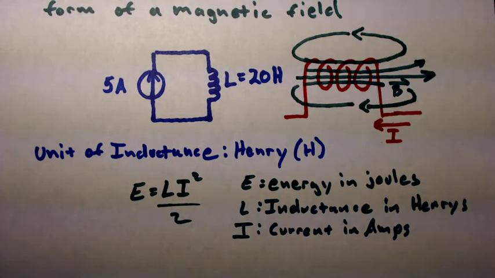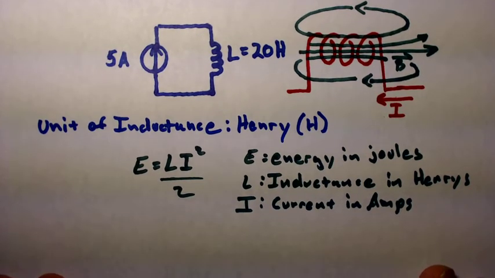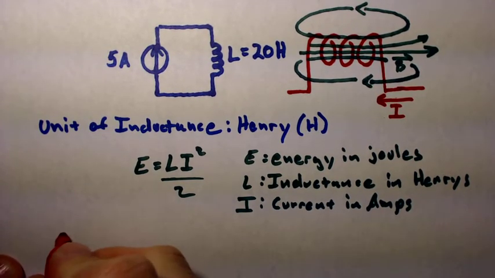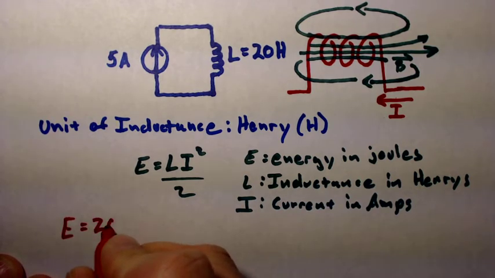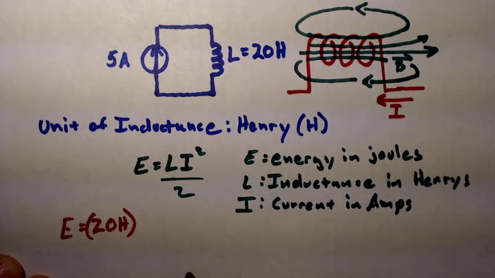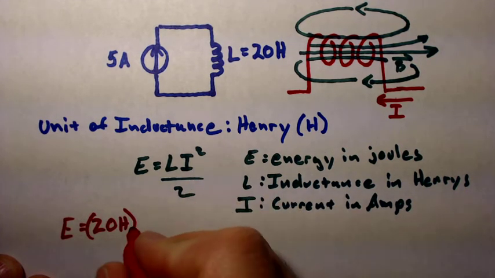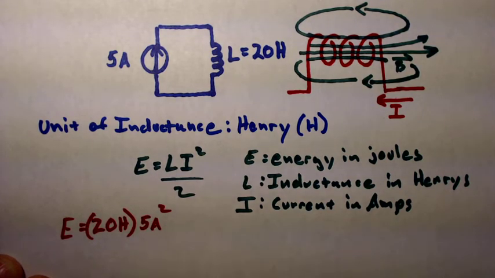All right, so if you wanted to solve for how much energy is stored in the magnetic field of the inductor, we can just fill out this equation and solve for it. So E is equal to 20 henries, I'll include my units here, times the current squared, 5 amps squared, divided by 2.